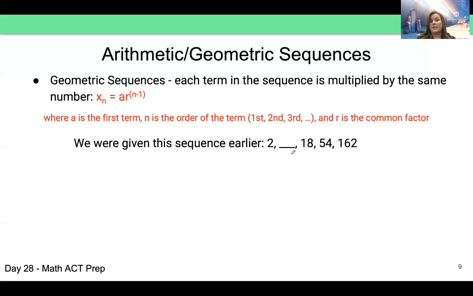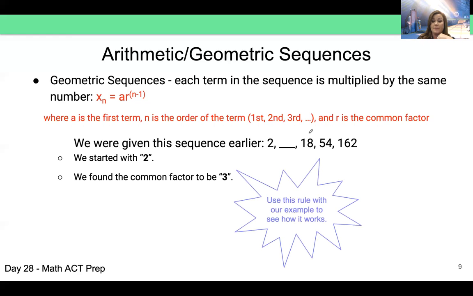Here we're given this multiplication sequence from earlier. We already identified we're multiplying by 3. The first term is 2. Okay, the common factor is we're multiplying by 3. So if we set this up in the equation, okay, you can see here, if we want to know the second term, then it's going to be the first term, 2, times 3 to the 2 minus 1.